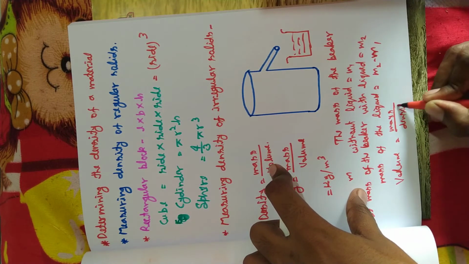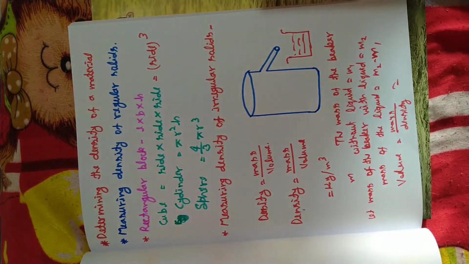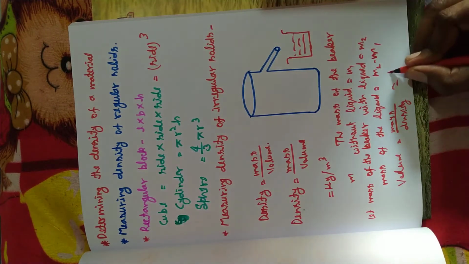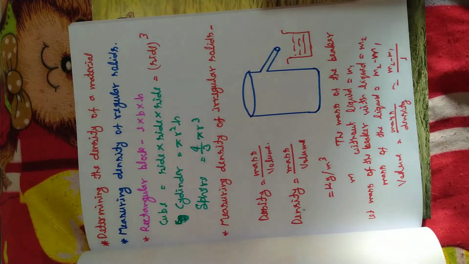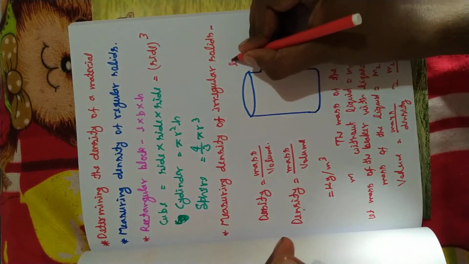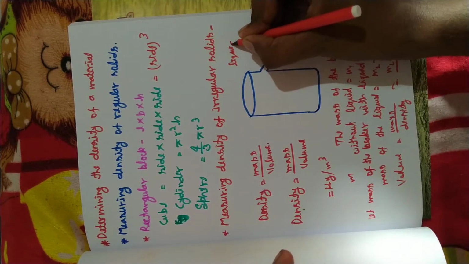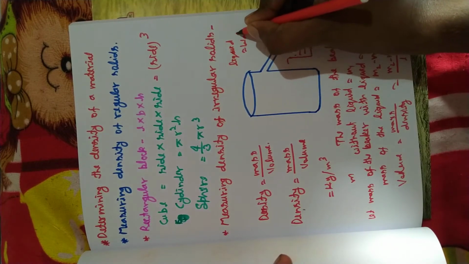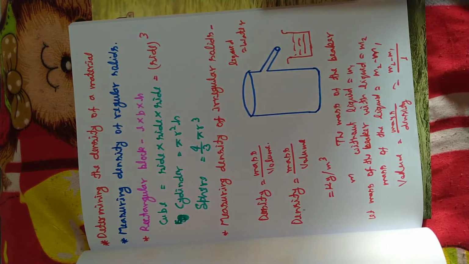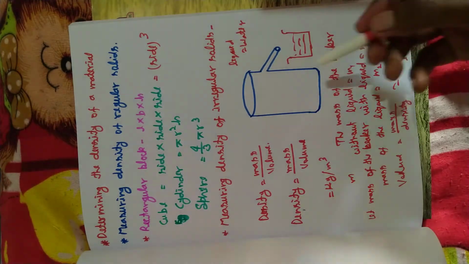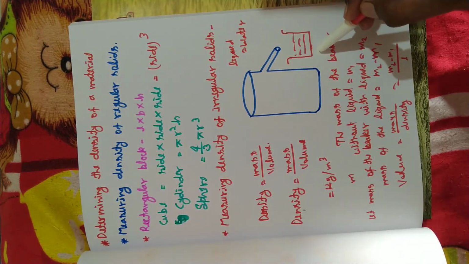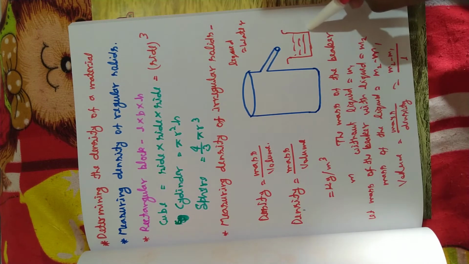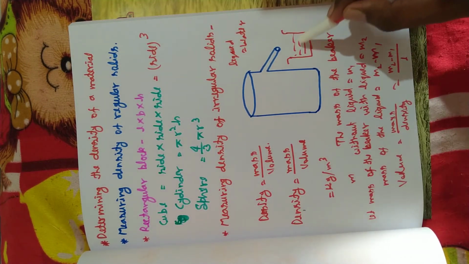What is the mass? M2 minus M1 upon the density of water, that is 1, because here the liquid is water. So you can easily find the volume of the water collected in this beaker.